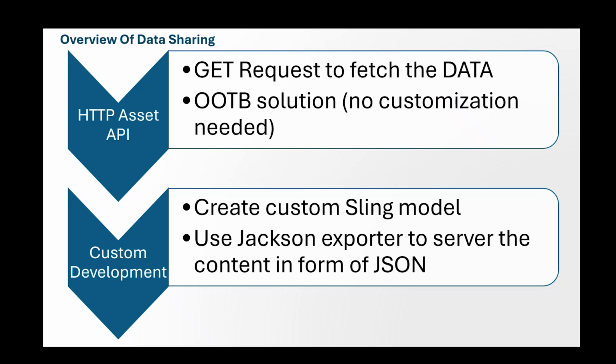But here you need some access to your overall AEM system, because you need either a bearer token, basic authentication, or some other type of authentication. Then only you can perform the operation with the help of asset API. This is an out of the box solution, so no customization you can perform. However, you can take a decision which type of data you want to create.